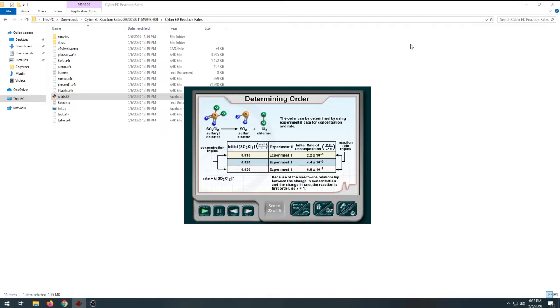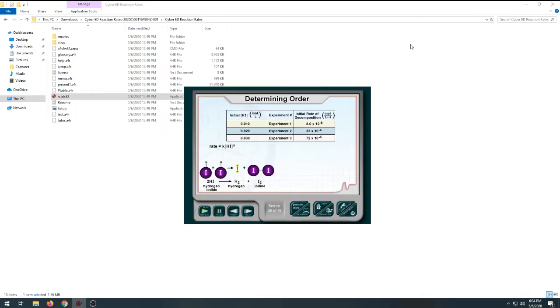Because of the one-to-one relationship between the change in concentration and the change in rate, the reaction is first order in sulfuryl chloride and first order overall. Therefore, the rate law expression is rate equals K times the concentration of sulfuryl chloride to the first power, or just K times the concentration of sulfuryl chloride.